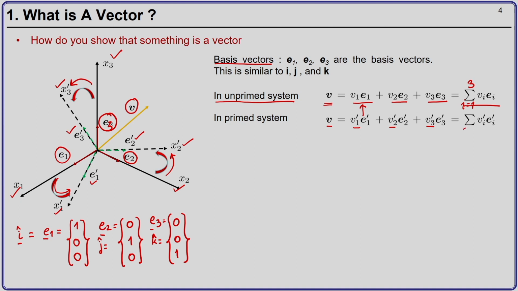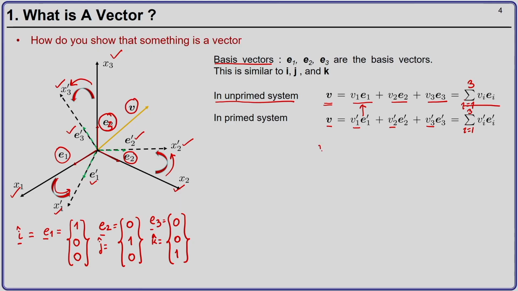In short, we can write the summation for i equal to 1 to 3 of v_i dash e_i dash. Nothing has happened to the vector, it remains there itself. What has happened is we have rotated the coordinate system. Now, the question is, can we find a relation between the components of the vector in the unprimed system, which is v_i, and the primed system, which is v_i dash?